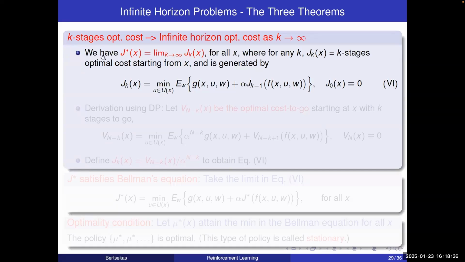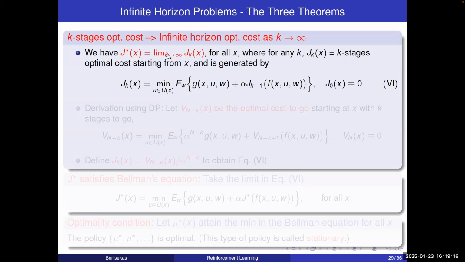The first theorem: if we cut off all the future stages and consider only stage 0 to stage k, using the same stage cost and the same system dynamics, we compute its optimal cost-to-go, denoted Jk. What we want to show is whether this sequence Jk converges to the actual optimal cost J star as k goes to infinity.